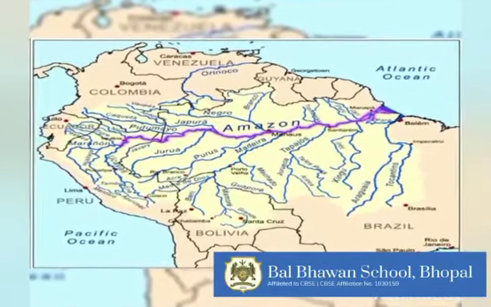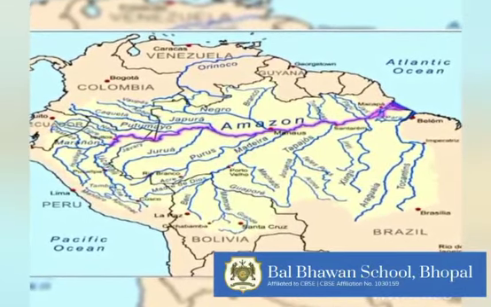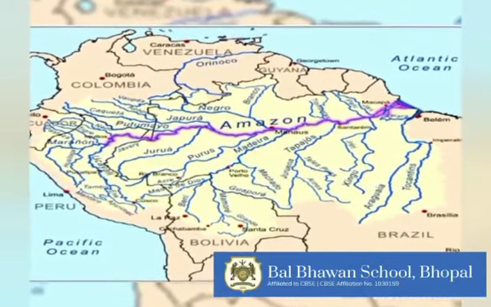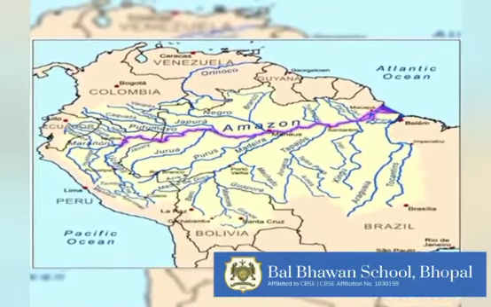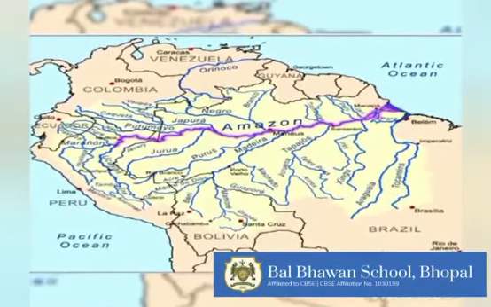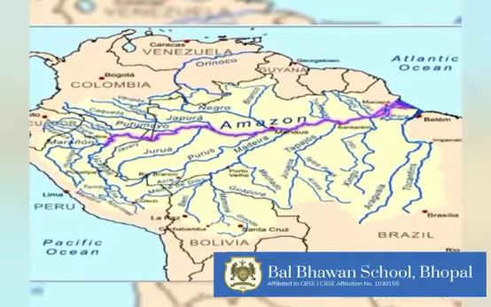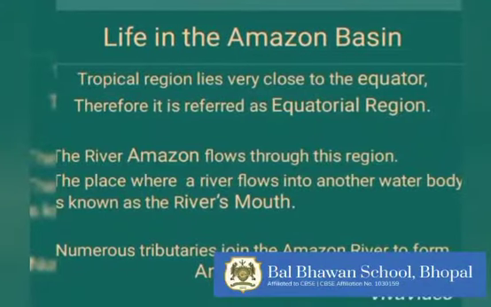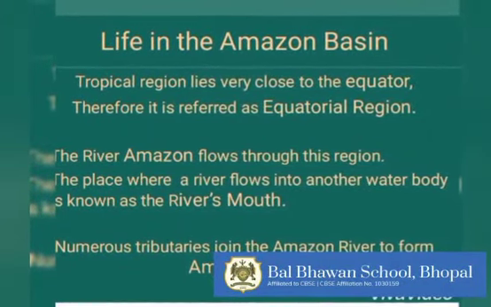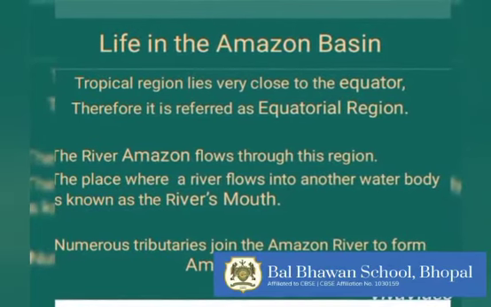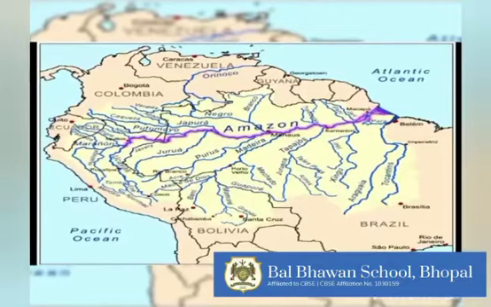On the way, it is joined by over 1,000 tributaries. Along with these tributaries, the Amazon forms a large basin in South America known as the Amazon Basin or Amazonia. The basin covers parts of Brazil and Peru, Bolivia, Ecuador, Colombia, and a small portion of Venezuela. It is the largest river basin in the world.